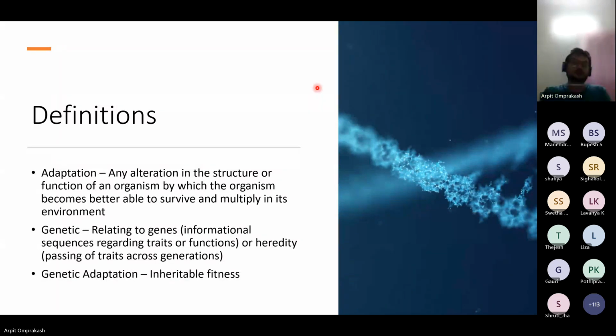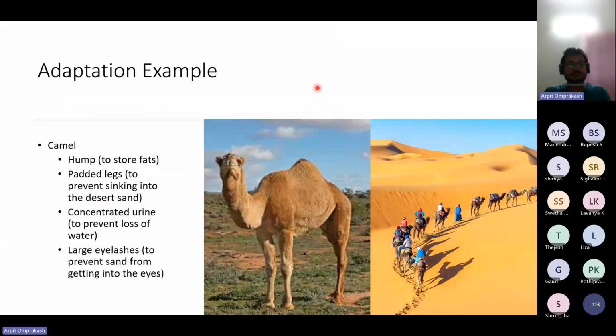One example of adaptation is camels. So we'll talk about the different adaptations that camels have to survive in the desert. A camel has a hump, which is used to store fat, so that if it does not get food for a long period of time, it can still use the fat present in its hump to get energy.